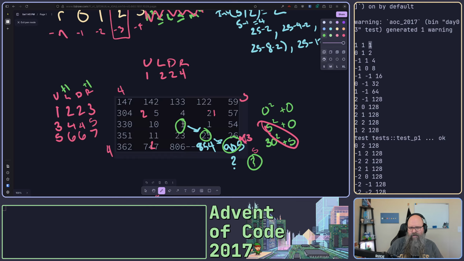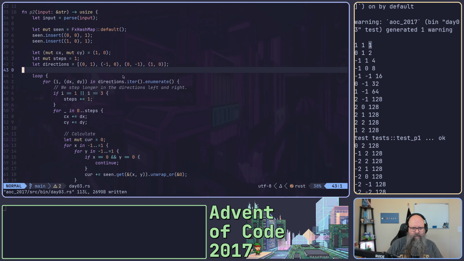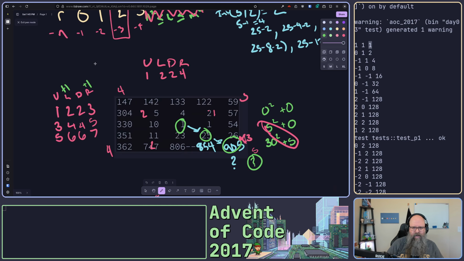This is 0, 0. This is 1, 0. Okay. So I'm at 1, 0. Correct. And I know that value is a 1. And my step is 1, right?